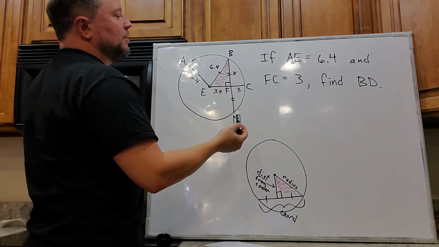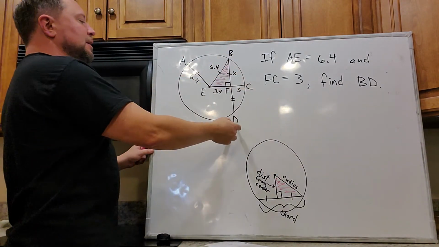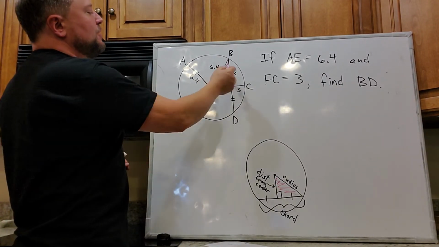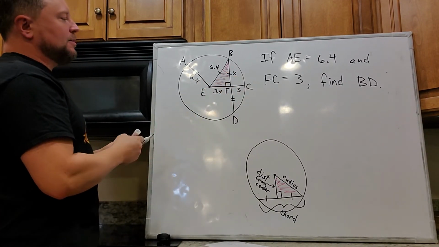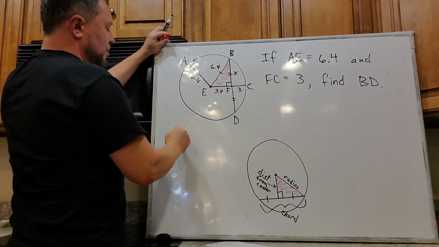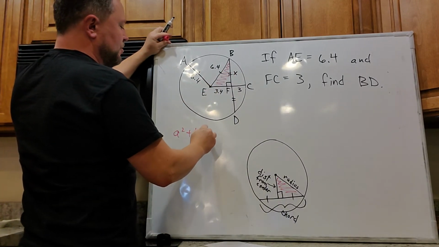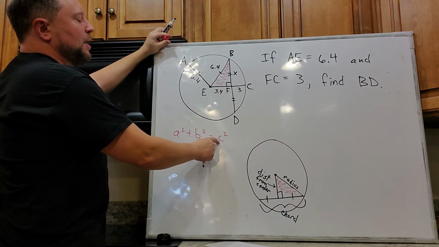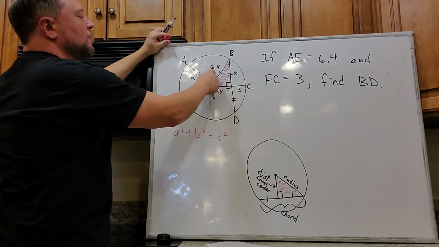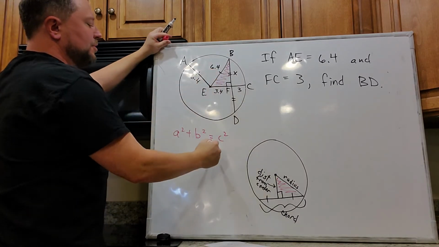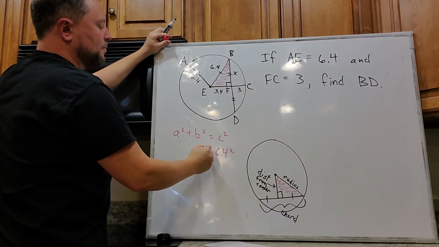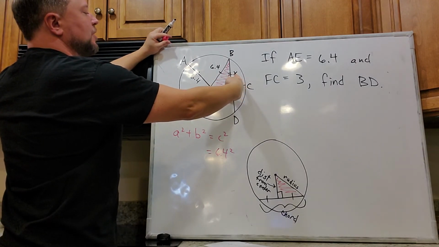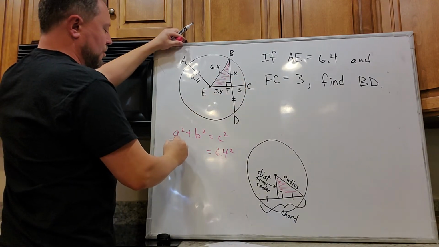It's going to help me then find my final answer, BD, which will be the full chord. Okay, so I've got enough information now. I can finally utilize the Pythagorean theorem. So I'm going to do a squared plus b squared equals c squared. The c is the hypotenuse across from the right angle, or in other words, the radius right there of 6.4. These two are my legs of the right triangle, x and 3.4.